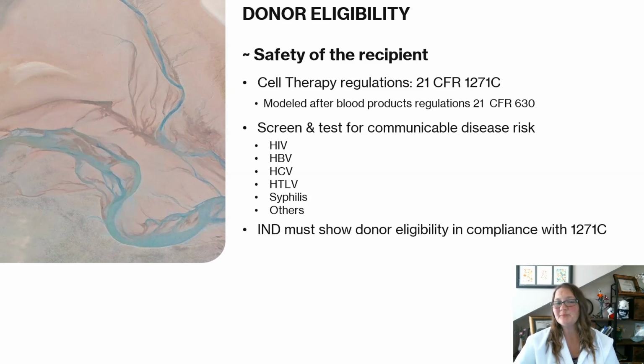The donor must be appropriately assessed by screening and testing for relevant communicable diseases to demonstrate that they have reduced risk of transmitting infection to the recipient. 21 CFR 1271C outlines the screening and testing criteria, which includes infectious agents like HIV, HBV, HCV, HTLV, syphilis, and others. The IND must show that donor eligibility determination is being done in accordance with 1271C.